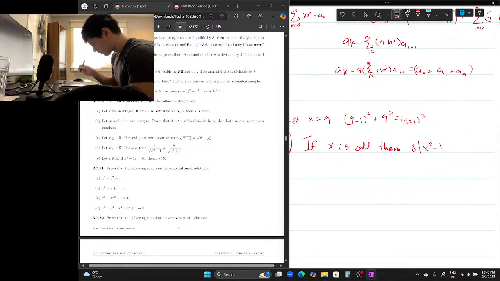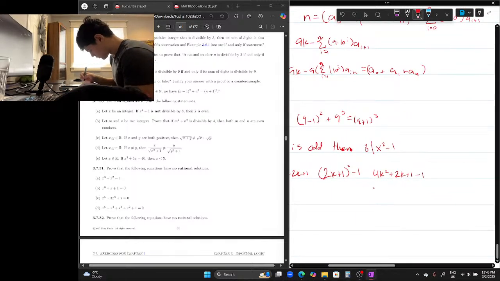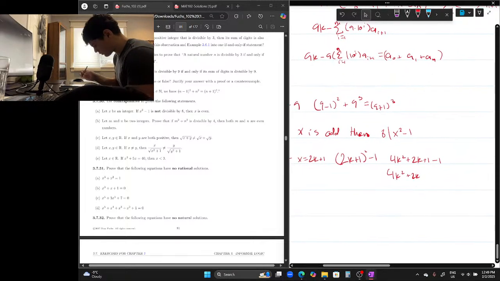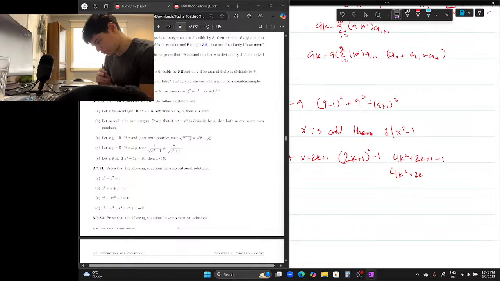So we know that x is odd, so x is equal to 2k plus 1, right? Then we do 8. So x is odd.